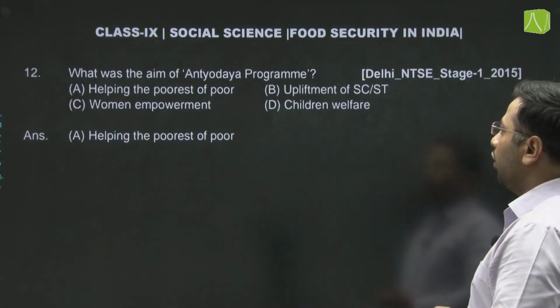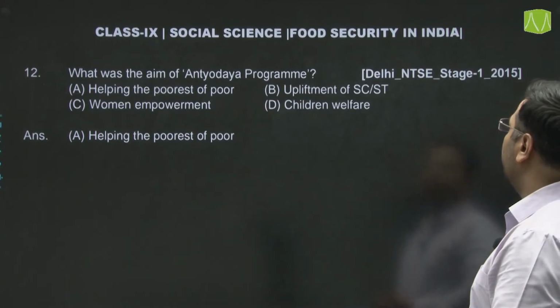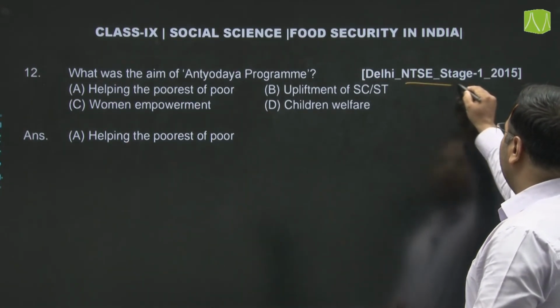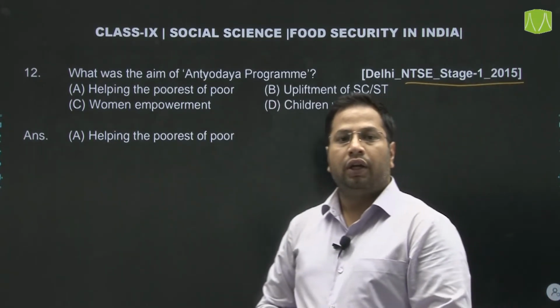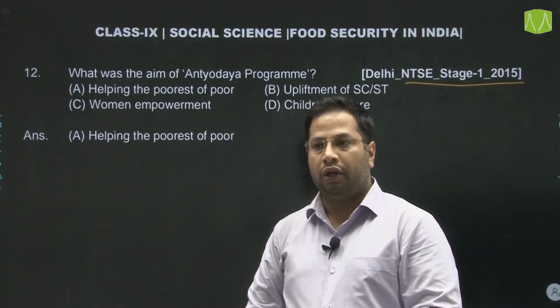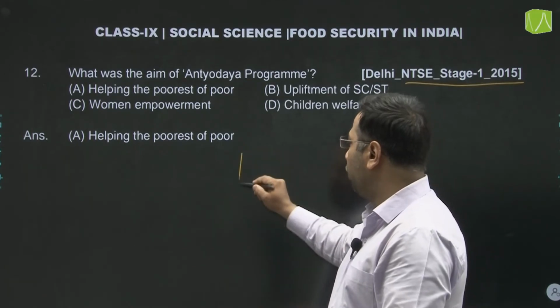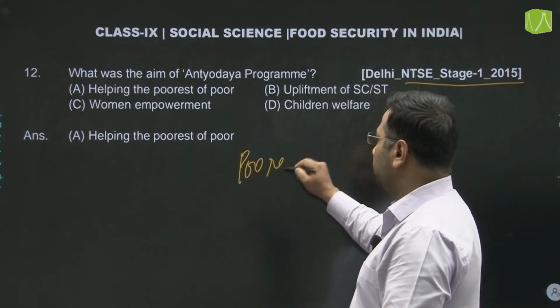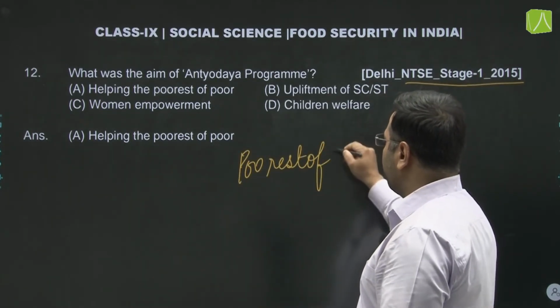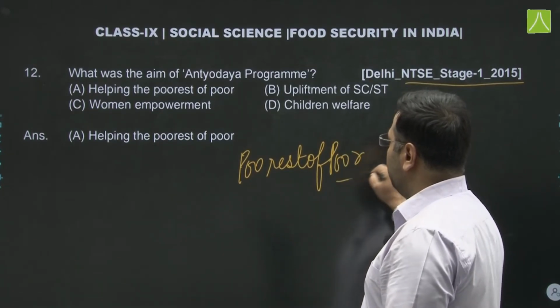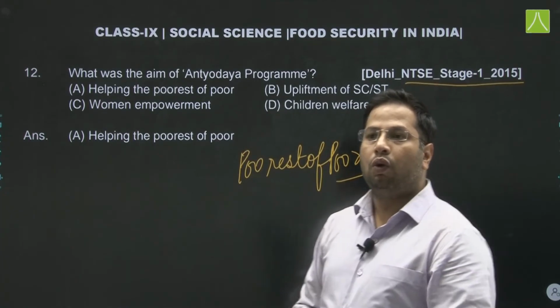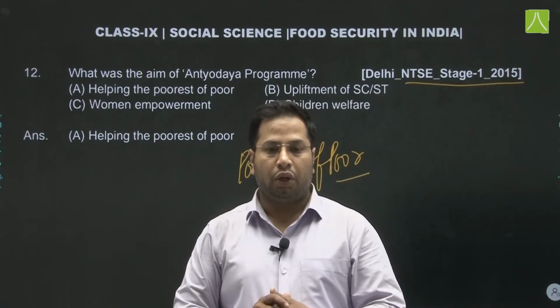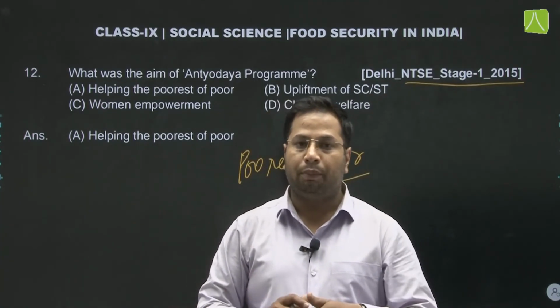what was the aim of Antyodaya program? This question we have in NTSE stage 1 2015. As we have discussed, Antyodaya was for the poorest of the poor. Those people who are at the last stage, even among the poor they are the poorest.